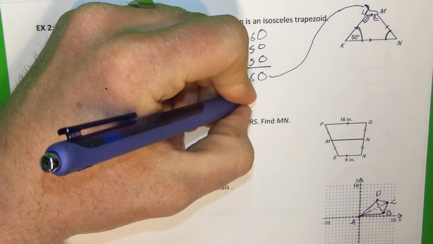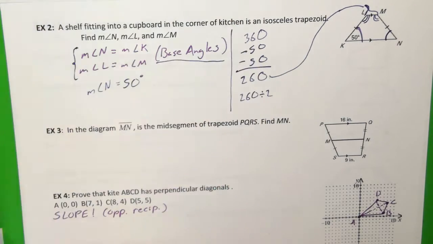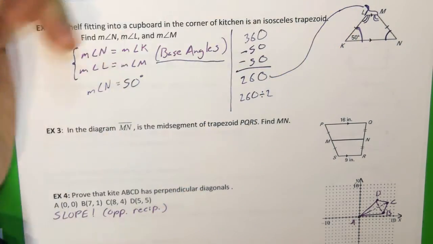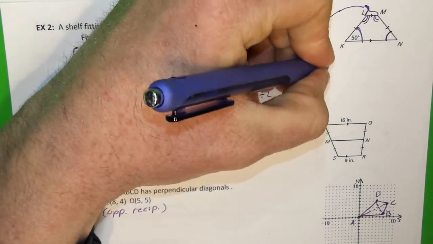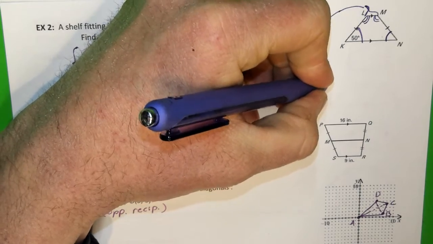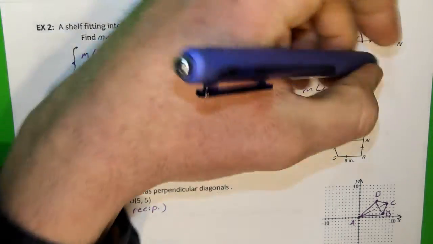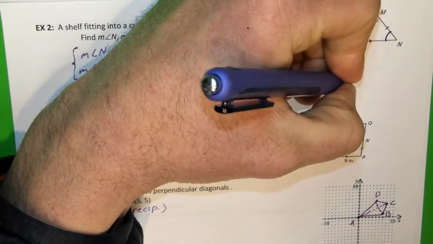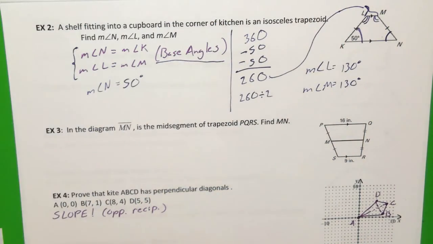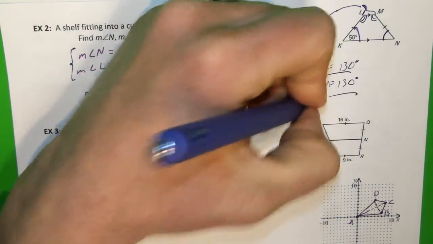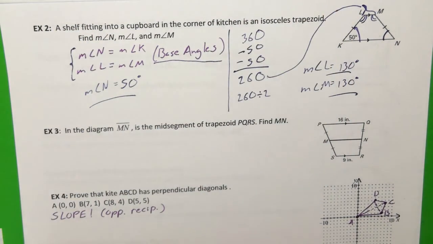So if you take your 260 and divide it in 2, you will find out that L and M both have the exact same measure, and that measure is 130 degrees. If you look at the picture, the angles look obtuse, and 130 degrees is an obtuse angle, so that works out really nicely and makes a lot of sense. Let's do another one.